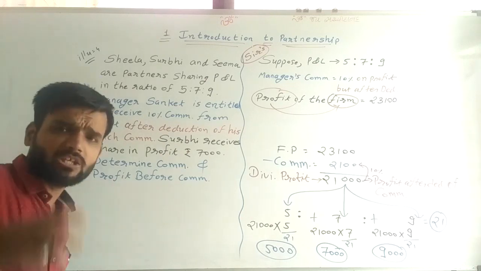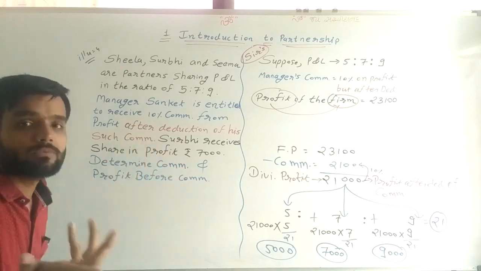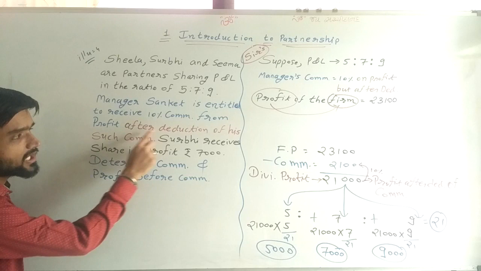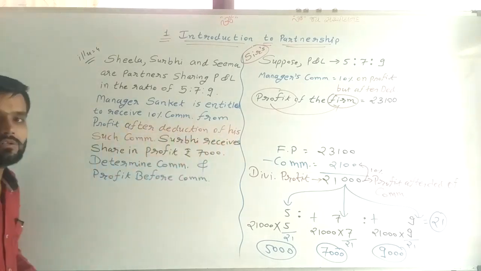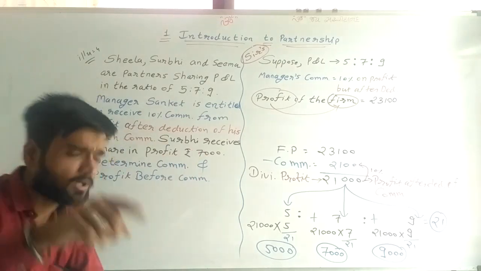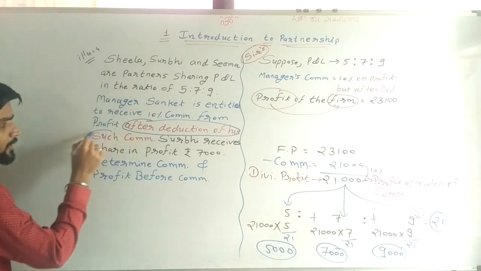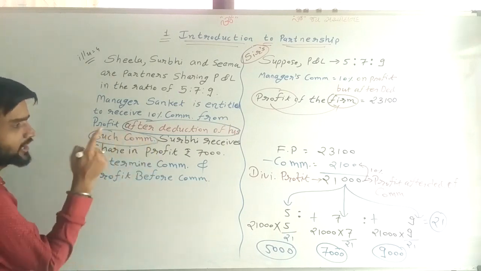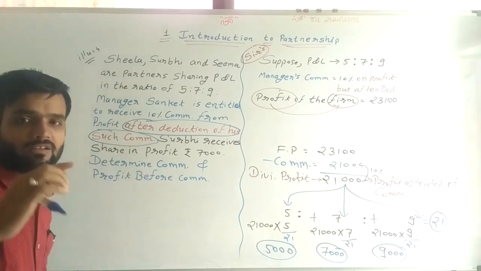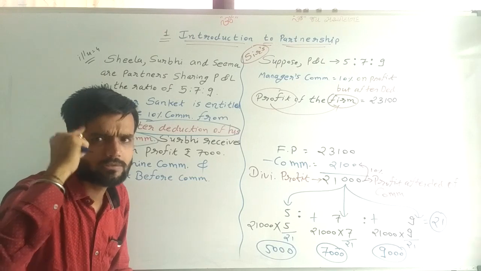But how are we giving commission to the manager? For that, of which amount? From profit after deduction of such commission. And whenever after deduction of such commission is given, then in your mind two formulas must click.